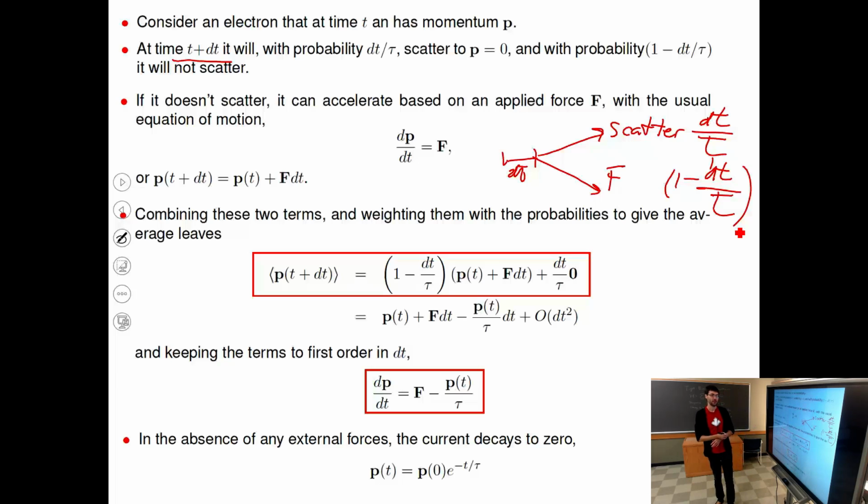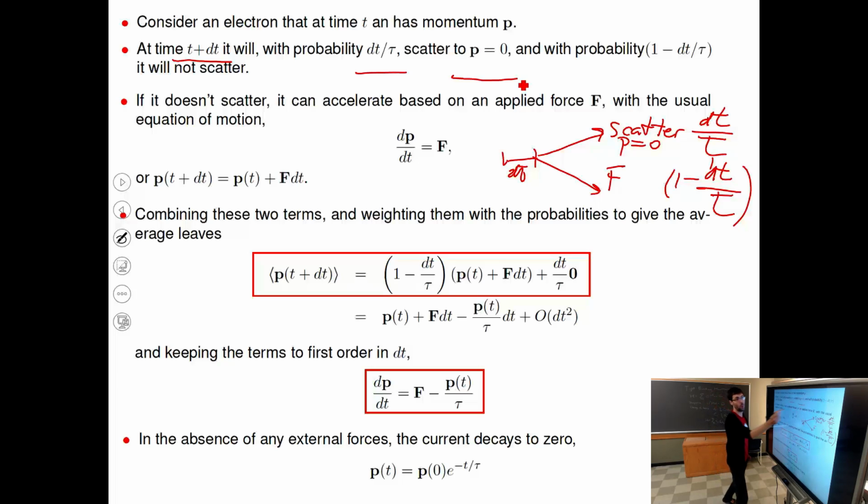If we sum up over all electrons and take an average, then we have basically a sum of these two possibilities. Here, when it scatters, momentum goes to 0. When it doesn't scatter, momentum changes according to Newton's law. Okay, so this is exactly what is written here. With the probability of dt by tau, we have momentum going to 0.